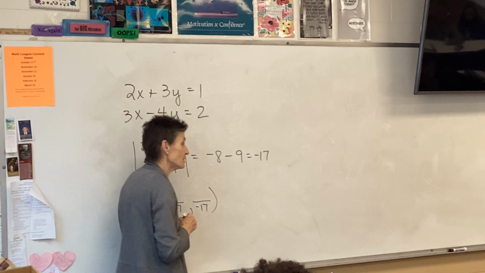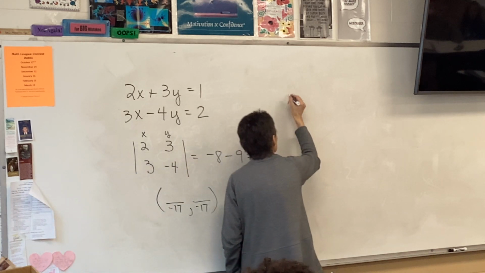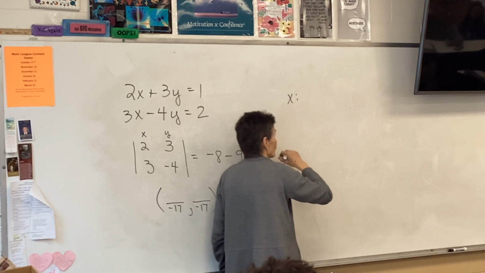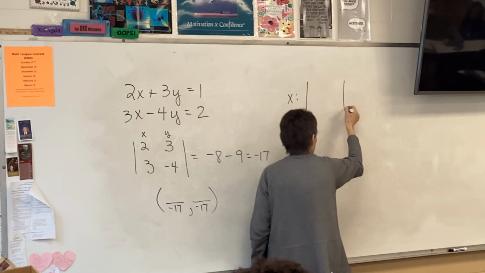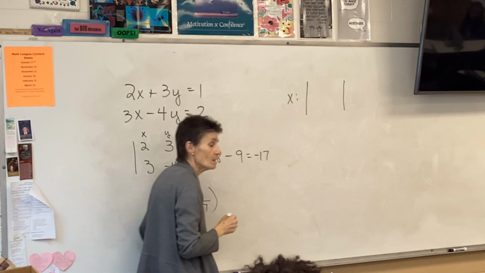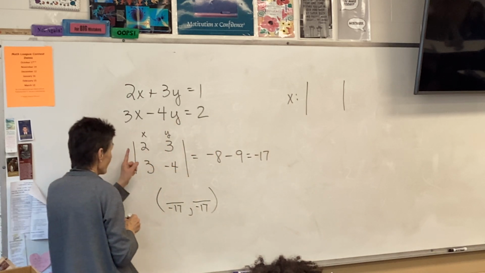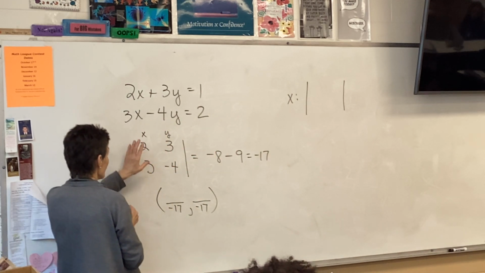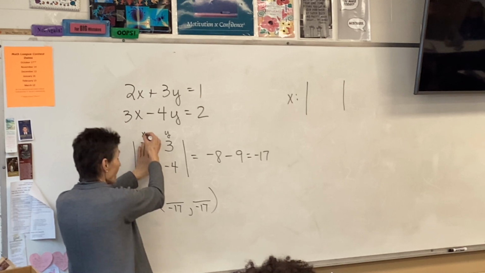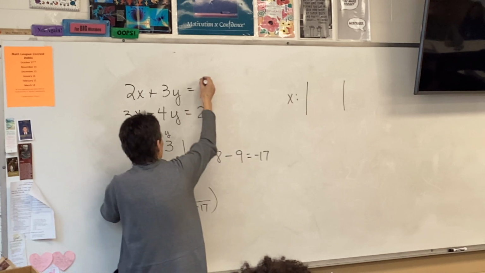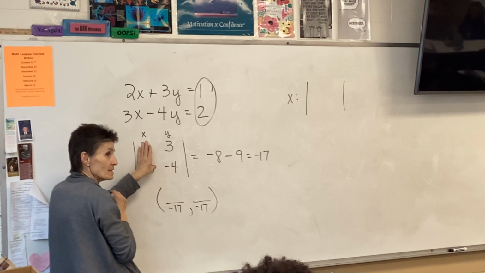Now, how do I find the numerators? Well, it's super simple. To find the x numerator, it's another determinant. But if you're finding x, you take these out, the x numbers, take them out, and replace them with these.